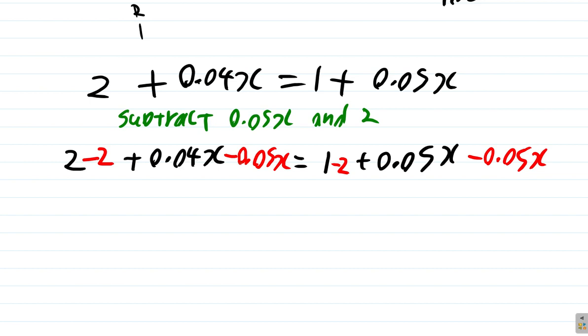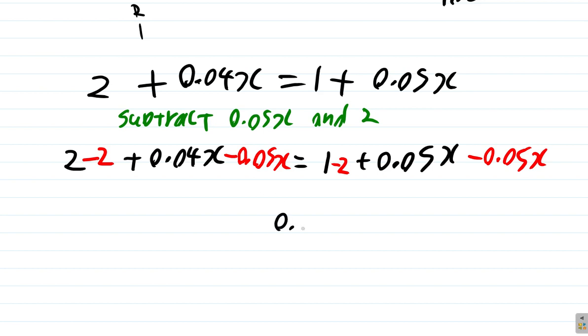0.04x minus 0.05x. What does that give us? If you say 4 minus 5, you get negative 1. So 0.04x minus 0.05x will be negative 0.01x.